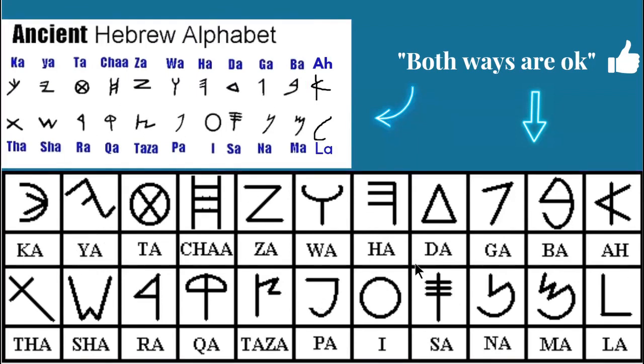The only differences that I can really point out is you have the ka and you have the ka up here, which, like I said, both ways are okay, but this way is the original way.